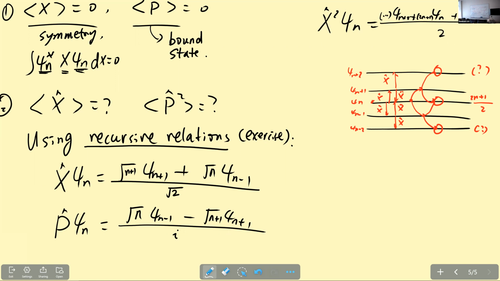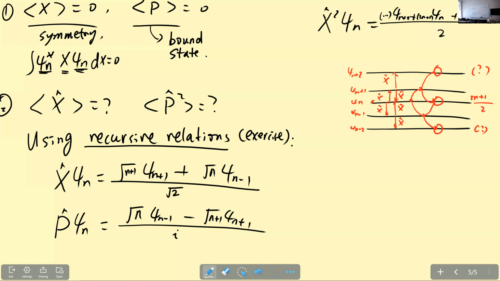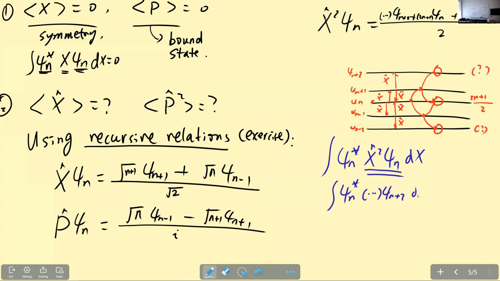And then what we are interested in is something like this one, so we are about to calculate this. This one has three states. You get something times m plus 2 dx, and then something plus m minus 2 dx, and of course there's one term that's interesting for us.